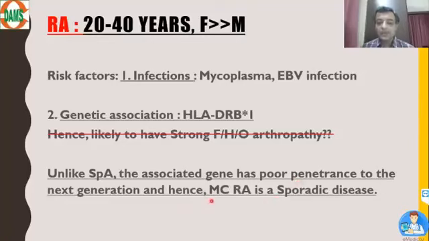And hence, most commonly, rheumatoid arthritis is a sporadic disease. Sporadic disease means there is no family history in the majority of cases. So many RA patients will be the first patient in the family to get affected by the disease. Family history is not common.